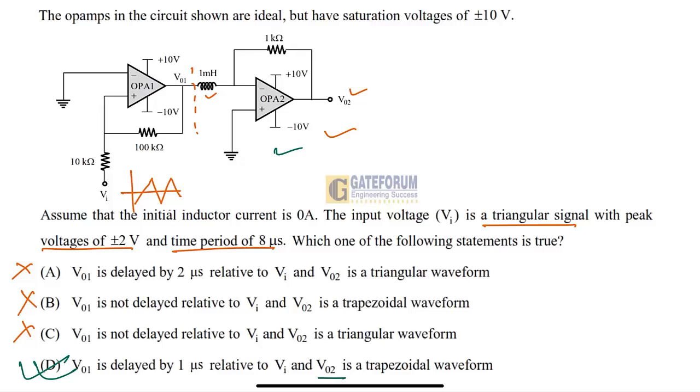So VO2 will be a trapezoidal waveform, and VO1 will be delayed by 1 microsecond with respect to VI, but the output will be a square wave. And the input for the first op-amp is a triangular wave. By this way we got the right answer for this question, option D, and this is the end of the explanation for this question.